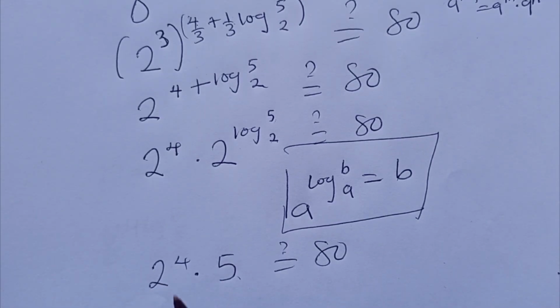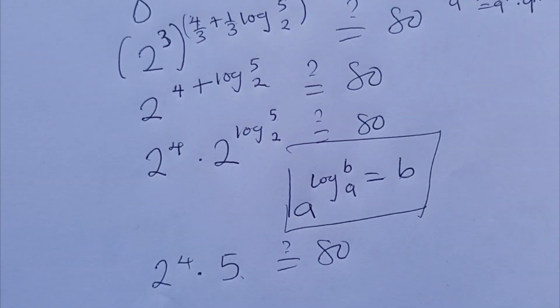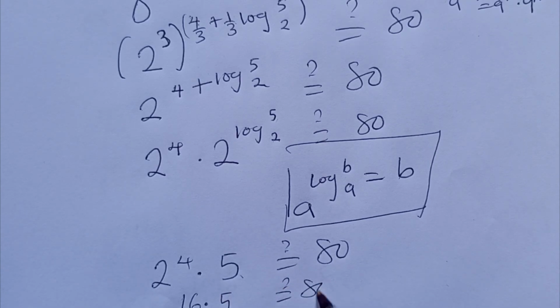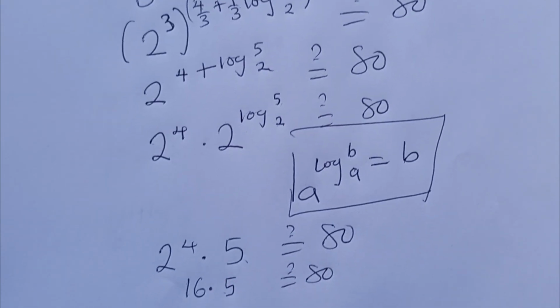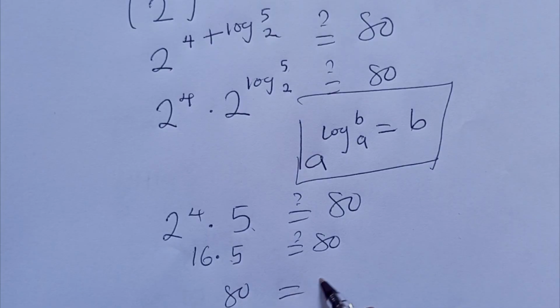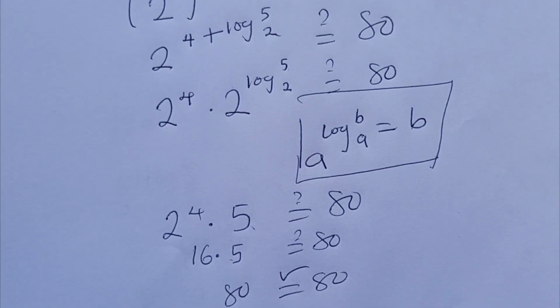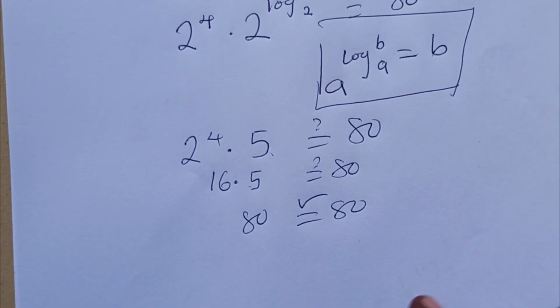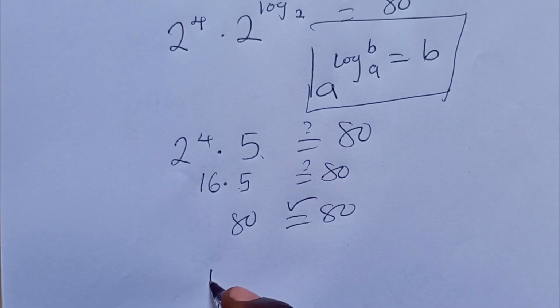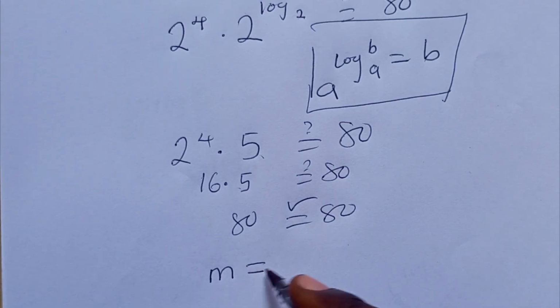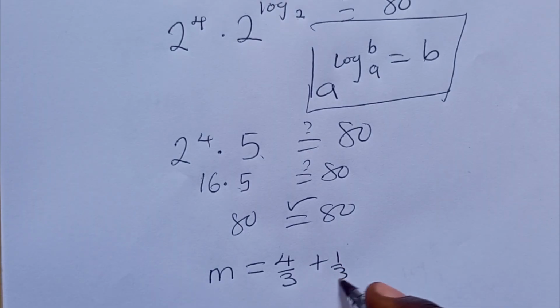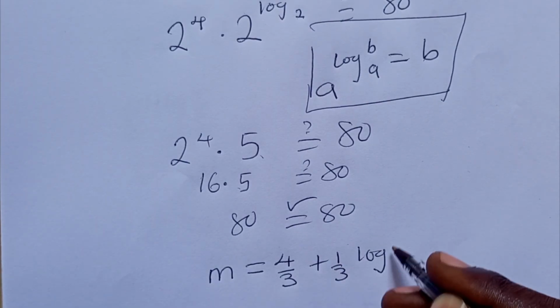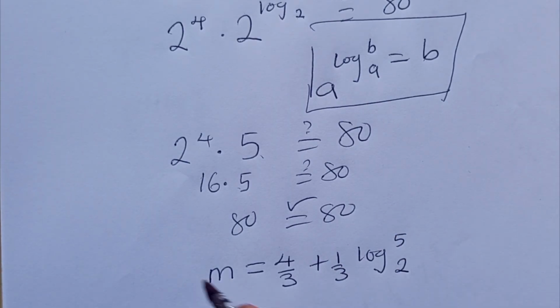So 2 to the power of 4, what will it give us? Which is 16. So 2 to the power of 4 is 16, times 5. Is that going to be 80? So 16 times 5 is 80. So the left hand side equals the right hand side, which implies truly our m value is equal to 4 over 3 plus 1 over 3 log 5 base 2.